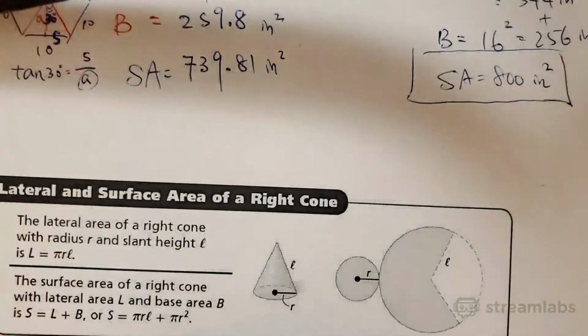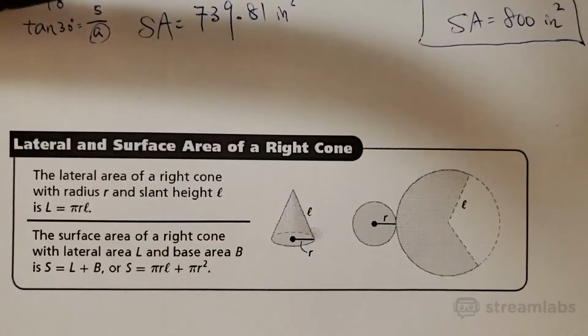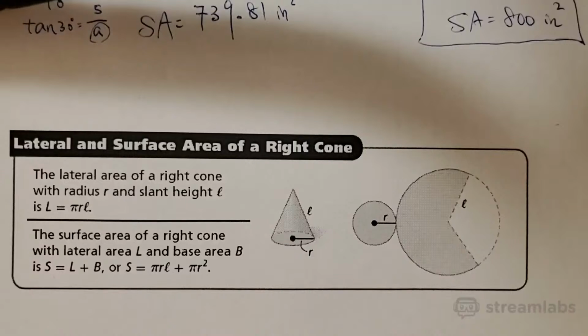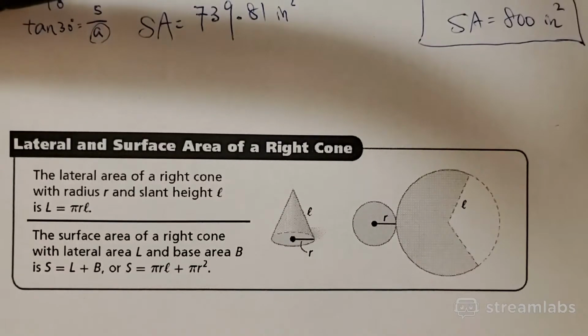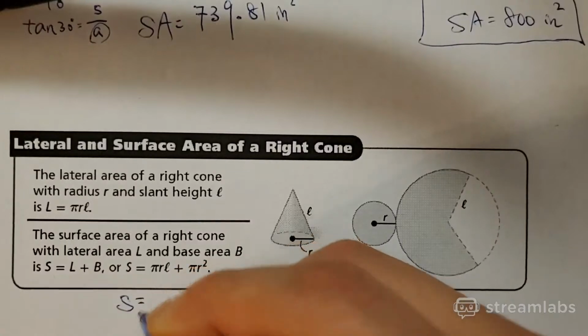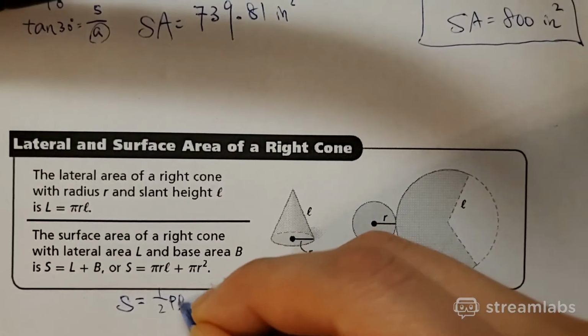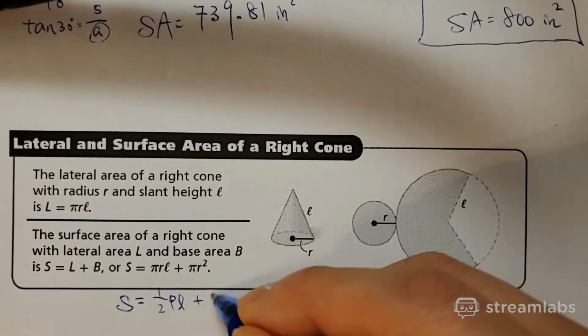So next part is then the cone. Now, I mentioned before that cones and pyramids are basically the same thing, but a cone is circular, right? So all the formulas that applied for pyramids will apply to a cone. For example, your pyramid area was 1/2 PL plus base area, right?